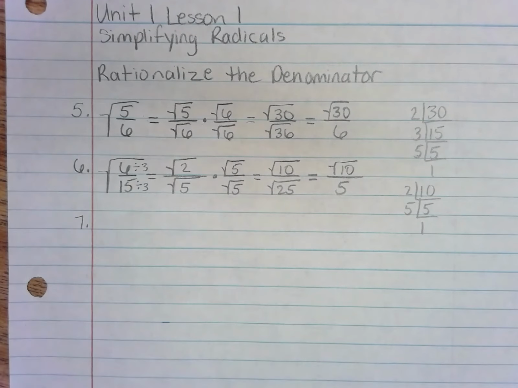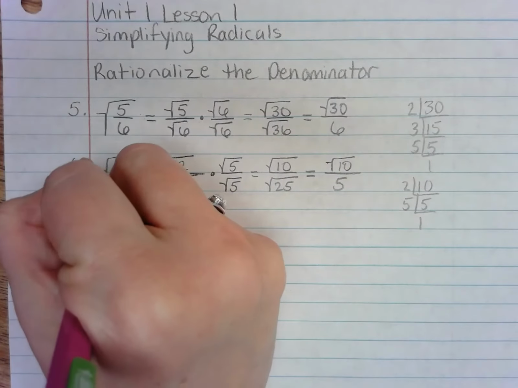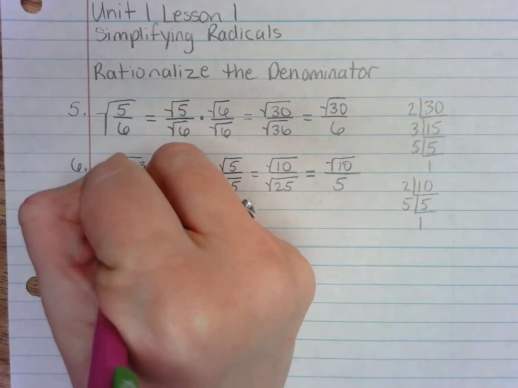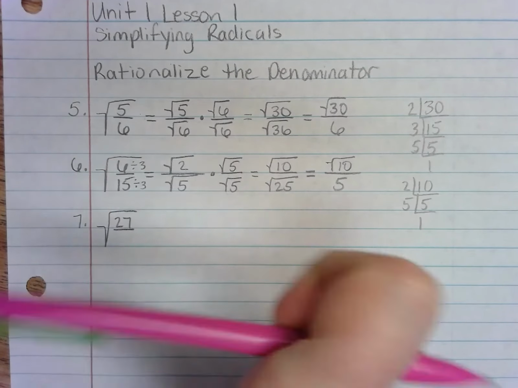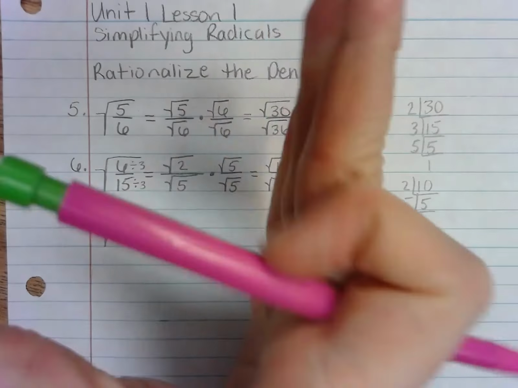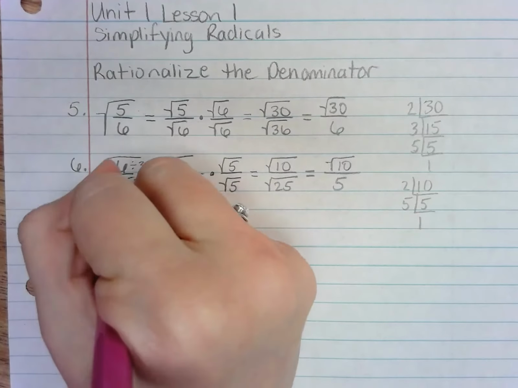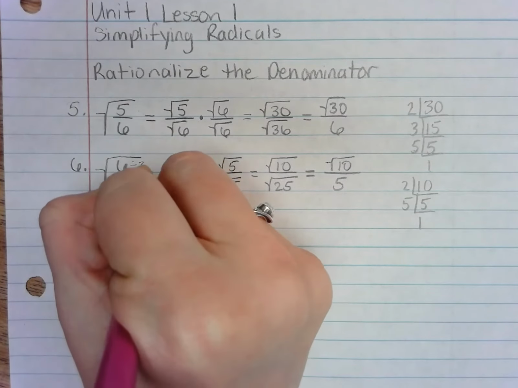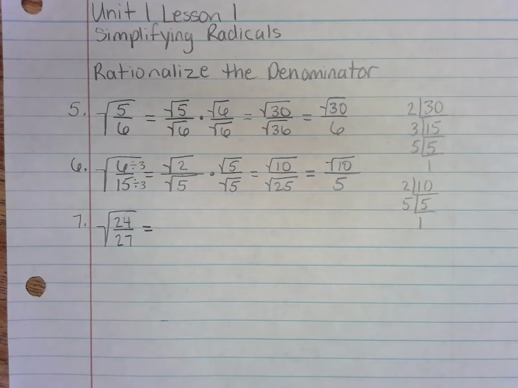Let's look at our next example, number 7. We have the square root of 24 over 27. Again, in your first step, as you're rewriting your numerator and denominator in its own radical sign, also see if you can reduce.